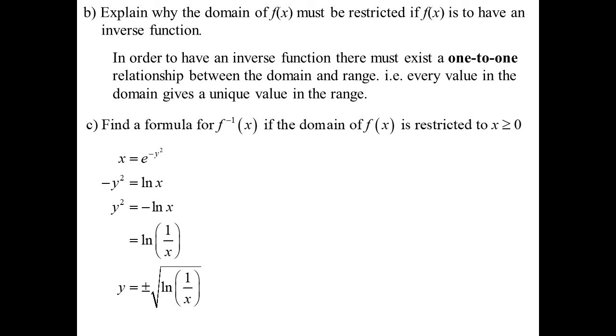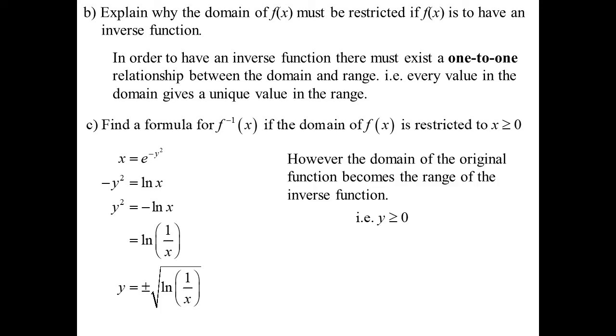So if x is now equal to e to the minus y squared, we want to make y the subject. Bit of playing around, we eventually get y is plus or minus the square root of log of 1 on x. But I just said plus or minus. So that's not an inverse, because we got 2 possible answers, plus or minus. Which one is it?